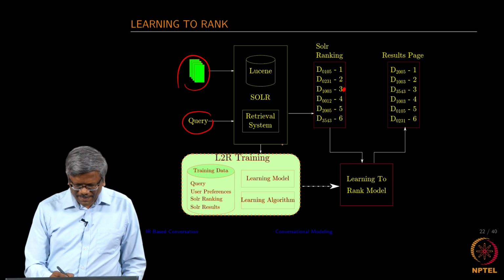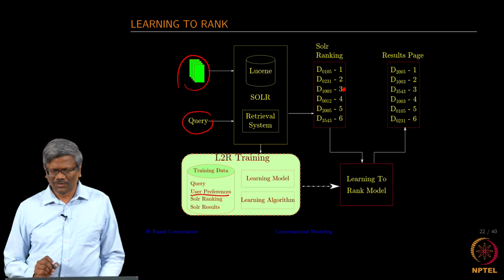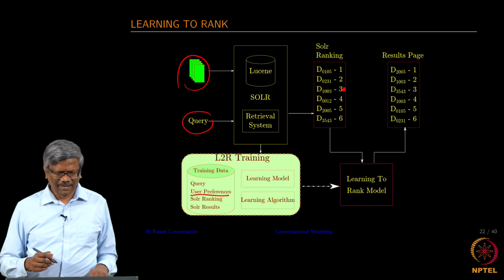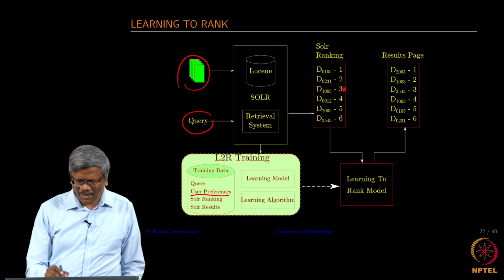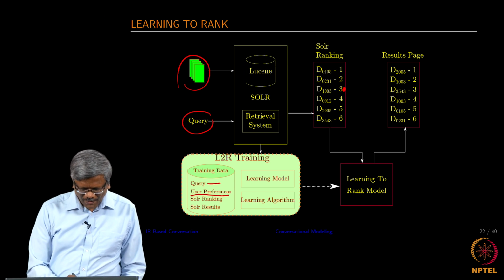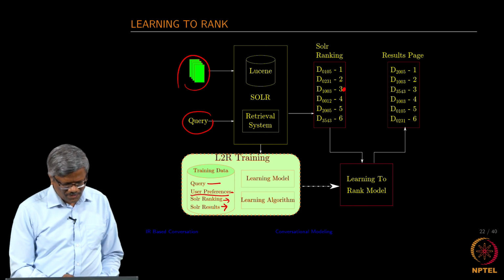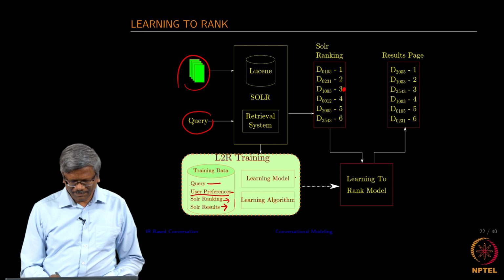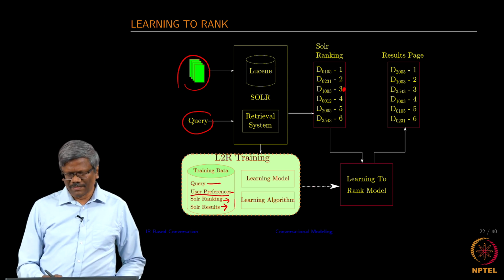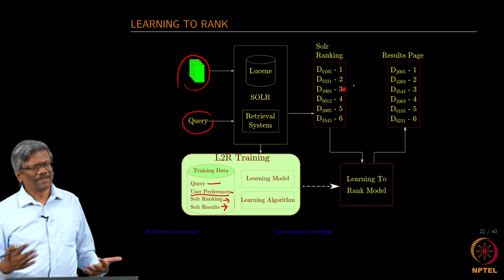Okay. So, when the system retrieves that and then user preferences are chosen based on the click throughs or some kind of a rating mechanism that you provide as part of the list, you store the query that is coming in, you store the user preference, there is a Solr ranking or the engine ranking that comes in, and there is a set of results that are coming in. The learning model, based on the combinations of all these parameters, will start to realize that document 1003 should be on top and not something else.